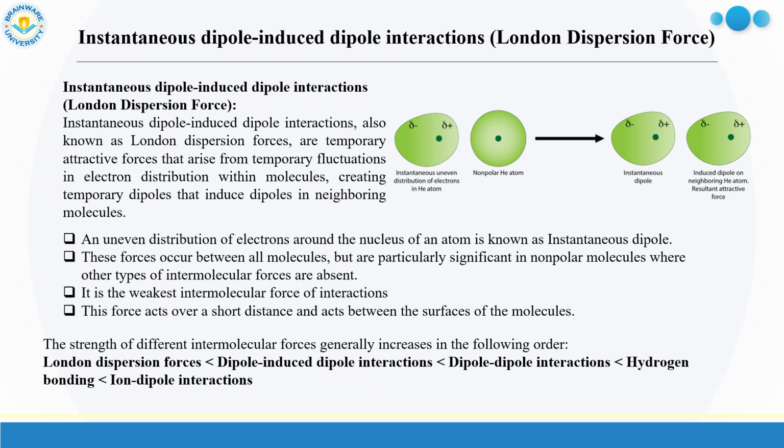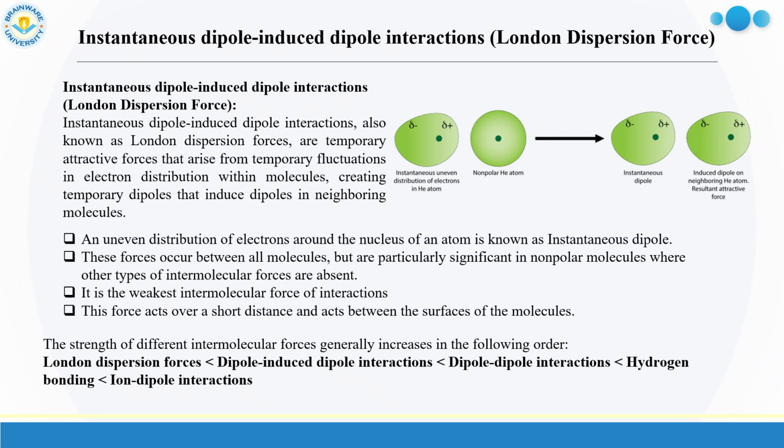So this is the instantaneous uneven distribution of electrons in a helium atom, and this is the neighboring non-polar He atom. This instantaneous dipole induces the non-polar He atom which is situated neighboring the instantaneous dipole. So these interactions are known as London dispersion forces.